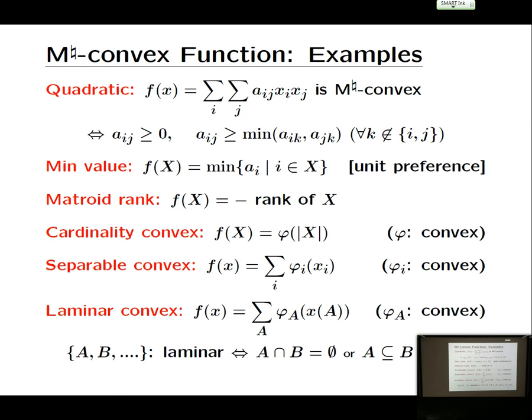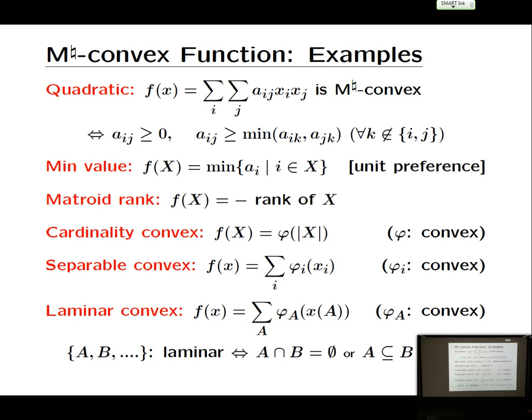And here's an example. Say, for this type of cardinality convex function. Okay, so given any convex function, and inside is a cardinality of set function. This is an M-convex function. Okay?